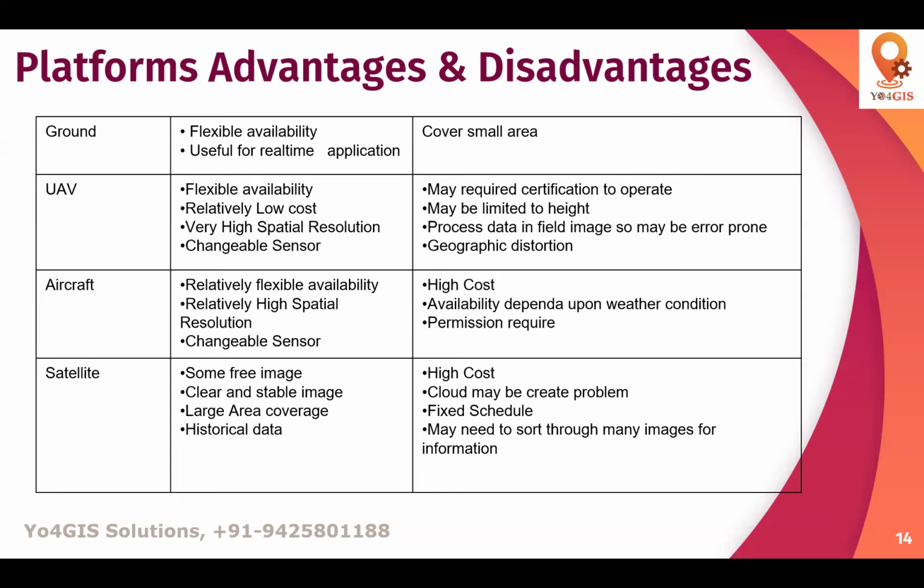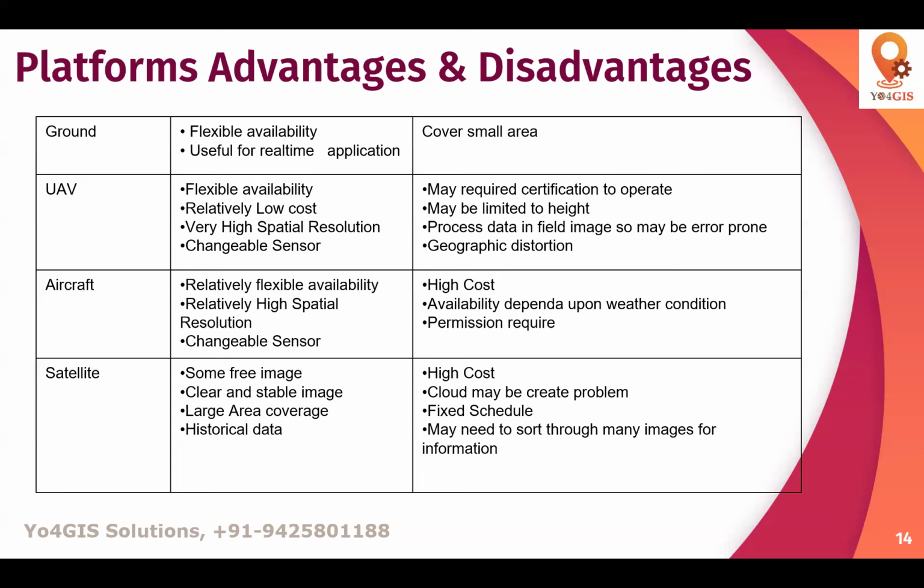Whenever we are talking about the drone sensor, using the drone remote sensing we can get very, very high resolution images, because it will provide you 5 centimeter, 4 centimeter accuracy. So you can easily recognize a feature whose length is 5 centimeter. 5 centimeter is very high.